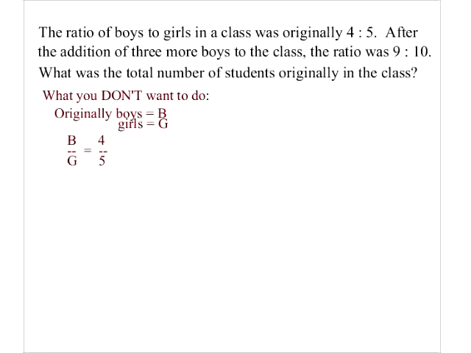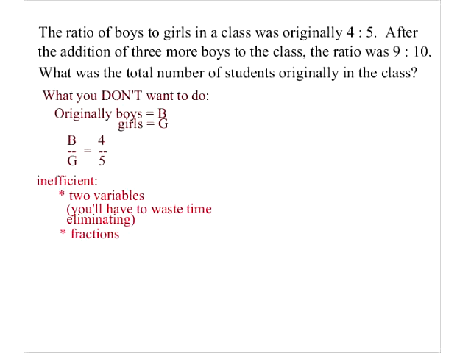You're going to have to waste your time substituting because you've got 2 variables, so you'll have to waste time getting rid of one of the variables. And on top of the 2 variable setup, you'll have to use fractions. So this is really ugly.